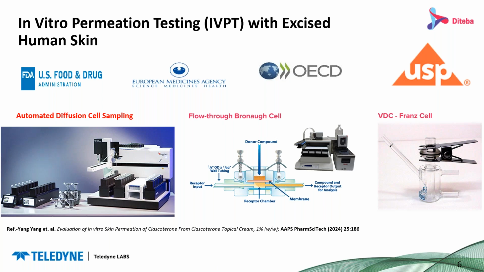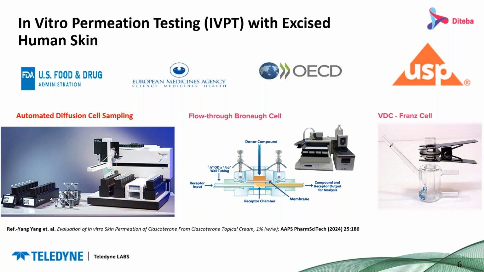Any of these systems can be used for regulatory submissions in IVPT studies. Each system has specific advantages and limitations that should be considered when selecting equipment for a particular topical product IVPT study. The choice of suitable systems has frequently been driven by the nature of the testing products.